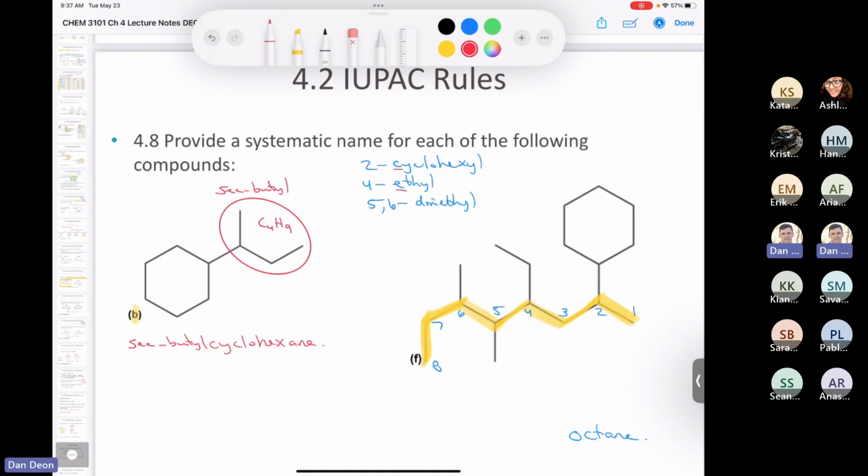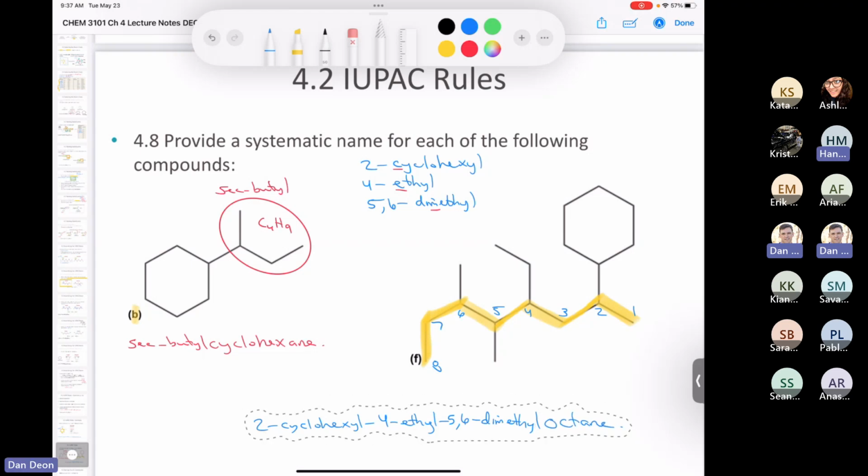So it's going to be C, E, and M. So it's going to be in that order. And so we've got 2-cyclohexyl, 4-ethyl, 5,6-dimethyl octane. And that will be our name, just like that.